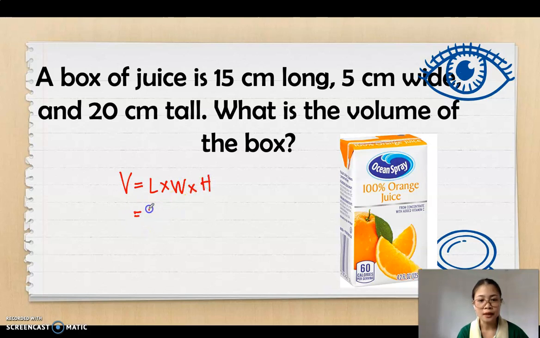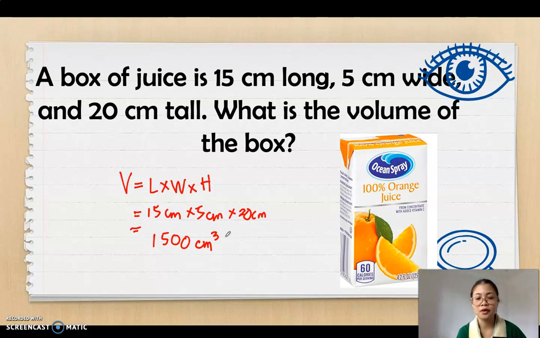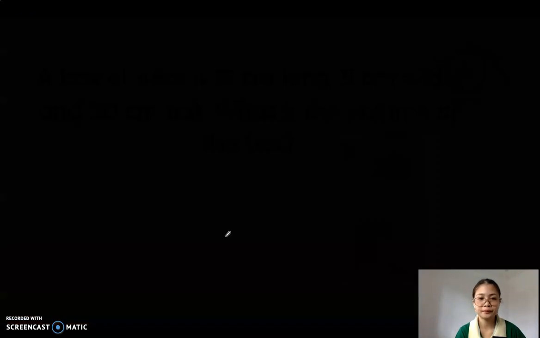So the length is 15 centimeters, the width is 5 centimeters, and the height is 20 centimeters. So when you multiply 15 times 5 times 20, you will get 1,500 cubic centimeters. Therefore, the volume of the box is 1,500 cubic centimeters.